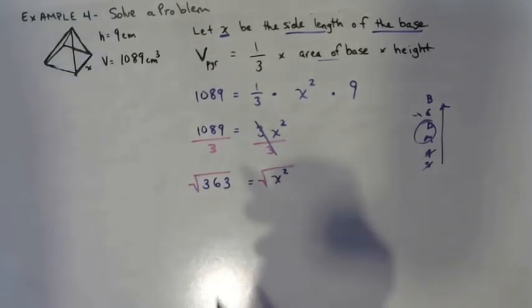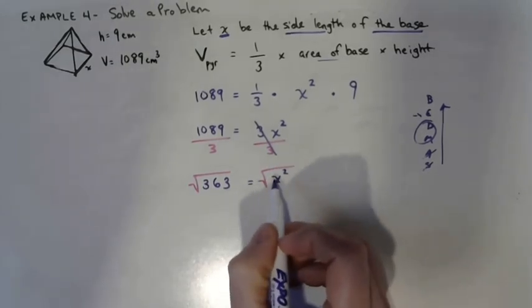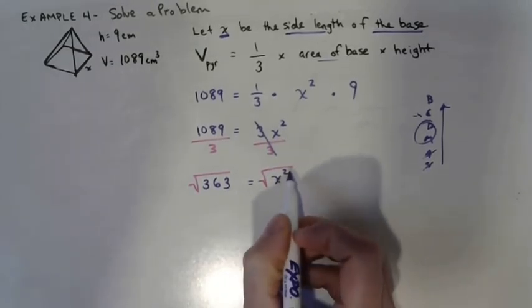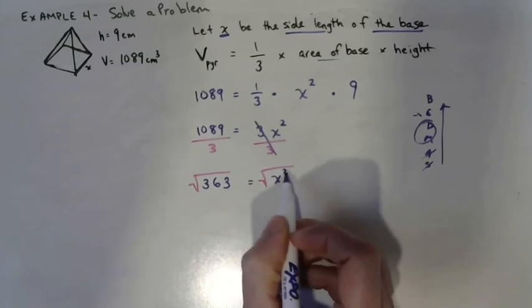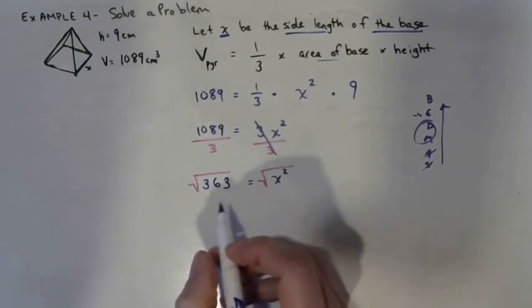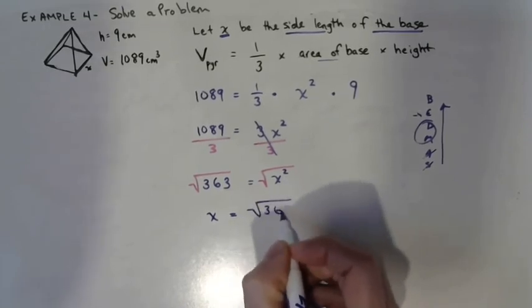I'm also going to switch these sides around, but this one's easy. The square root of x squared, right? X is being squared and square rooted, inverse operations. I'm just going to be left with x. If I do something to x and then I undo it, I'm just going to have x. Good. X is equal to the square root of 363.